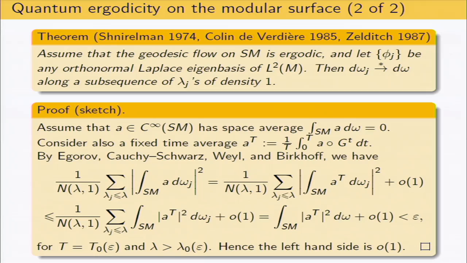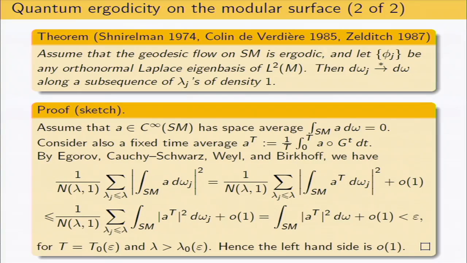By the Egorov theorem, nothing changes in the limit when A is changed to some translated copy of it for a fixed small t. So for our fixed capital T, nothing changes when A is replaced by its time average. Well, there is a small error coming from the error term in Egorov's theorem, but in the limit it will tend to 0.